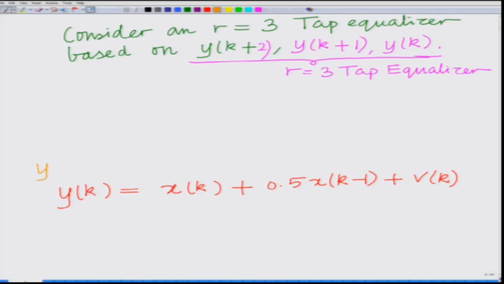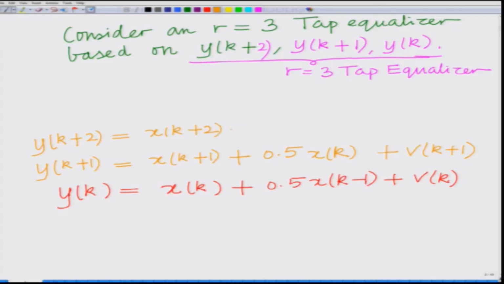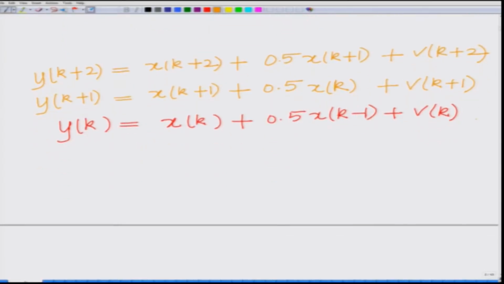Similarly, Yk plus 1 equals the current symbol Xk plus 1 plus 0.5 times the previous symbol Xk, that is Xk at time instant k, plus Vk plus 1, and Yk plus 2 equals Xk plus 2 plus 0.5 times Xk plus 1 plus Vk plus 2.